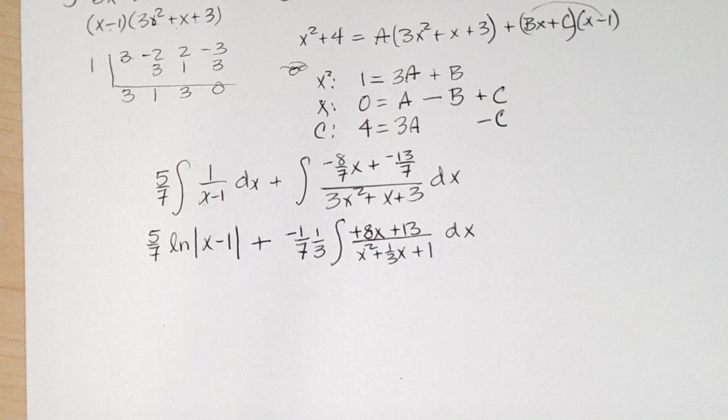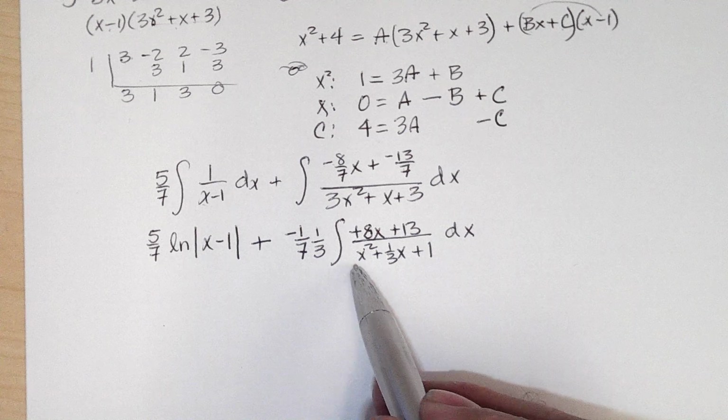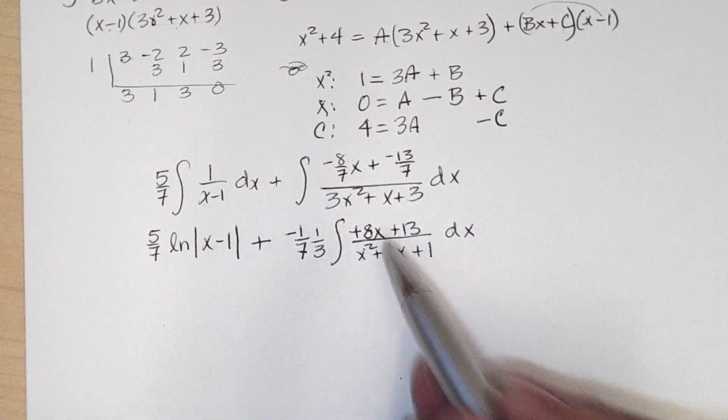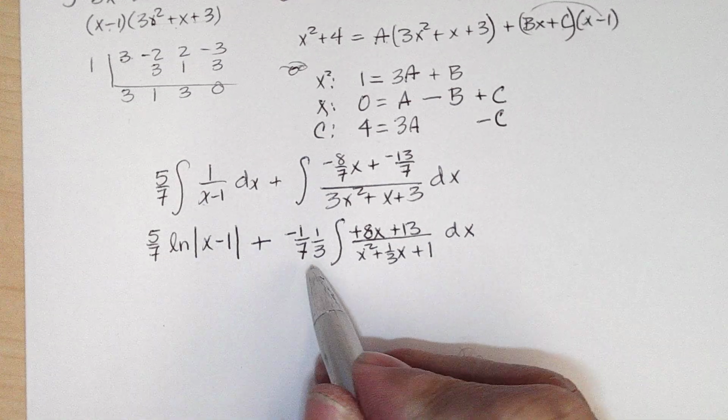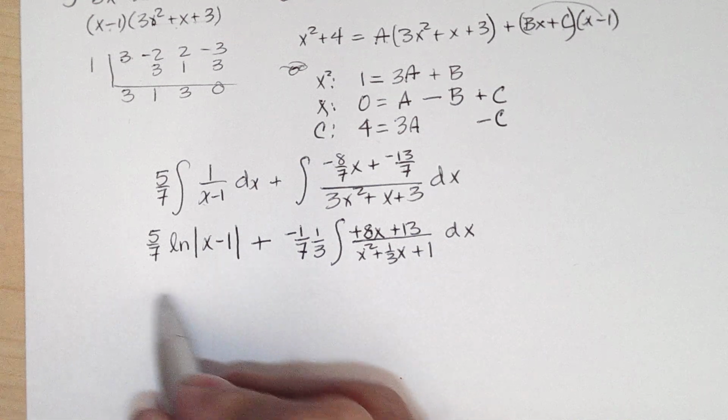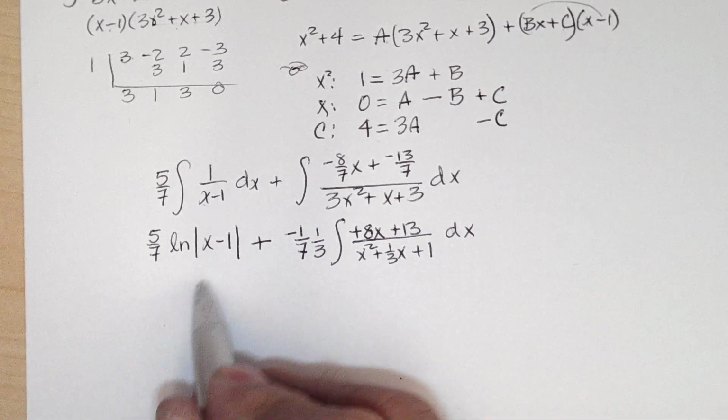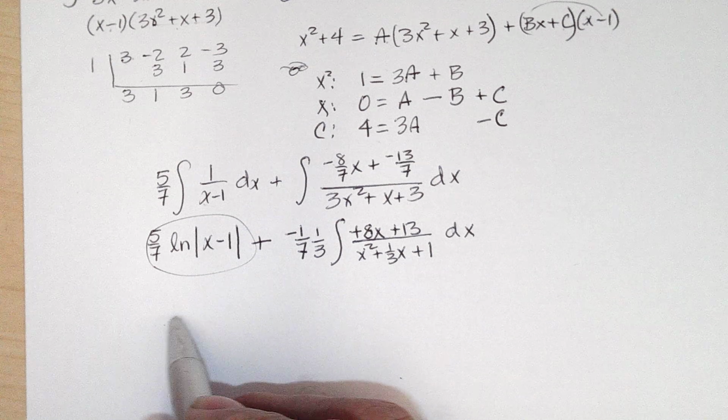Okay. Now I'm going to complete the square on this denominator because I think I'm going to try to get an arctangent looking thing going. And so this part's going to keep coming along. So I'm just going to call this blah, blah, blah.